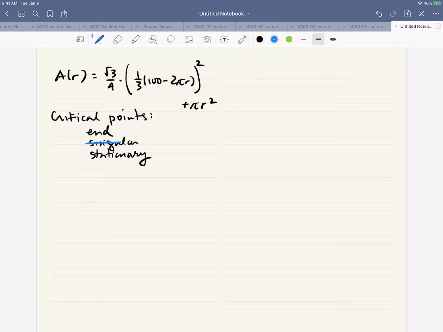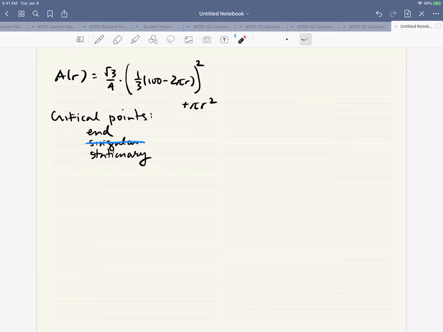So let's just get rid of singular points. Endpoints? Well, you look at this function and you think, what are the endpoints? As a function, this is defined everywhere, so there's no natural set of endpoints. The domain of this is all real numbers.